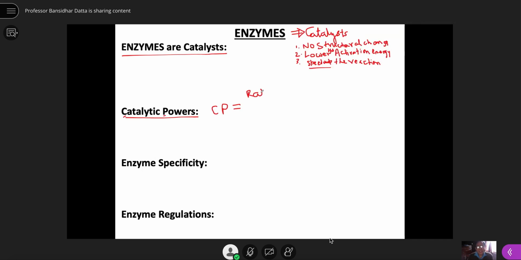It is a ratio of the rate of the reaction with catalyst, with enzyme, divided by the rate of the reaction without the enzyme.